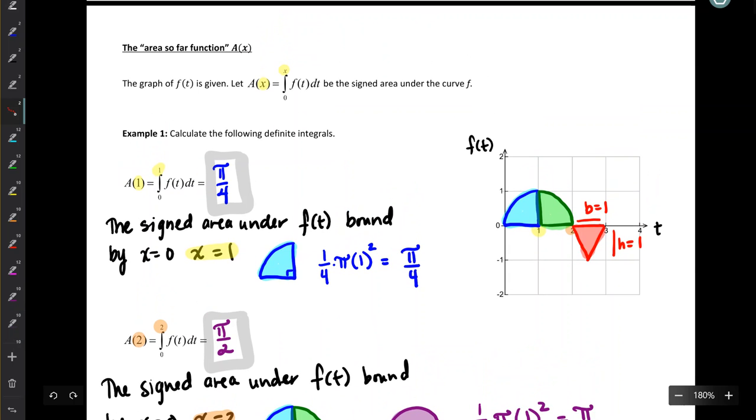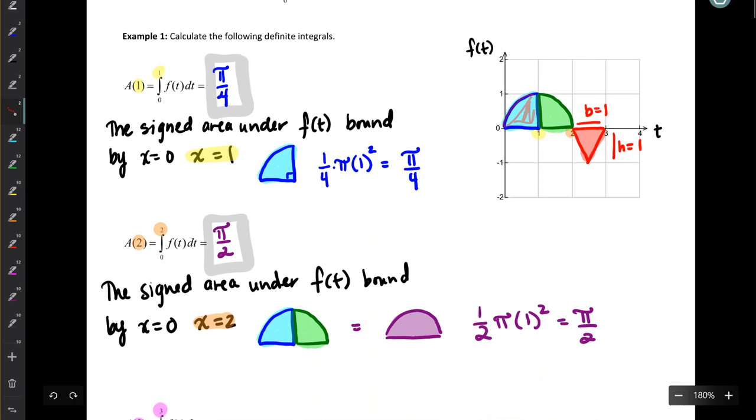Two things. One, this is fairly new for us to think about the definite integral as an area. We were doing that in the previous lesson. And then secondly, now I'm looking at a function. A is measuring out the area under the curve f, and then at a given input, stopping at a particular x value, it'll tell you what that signed area is thus far. And I had us stop at real convenient numbers. We found the area under the curve from 0 to 1, that's the blue.